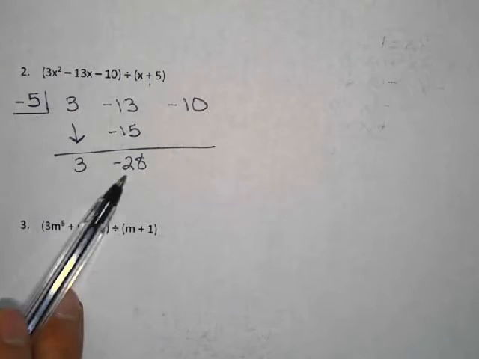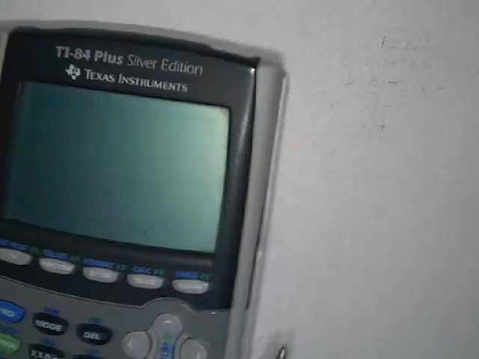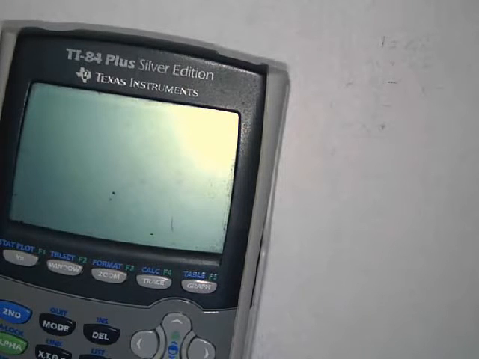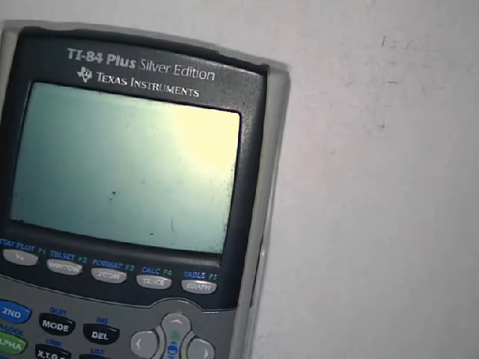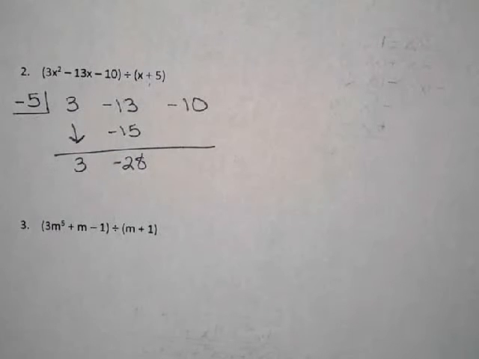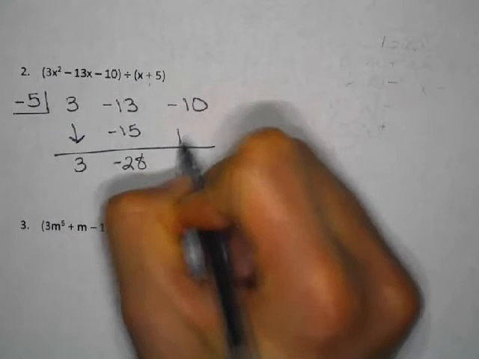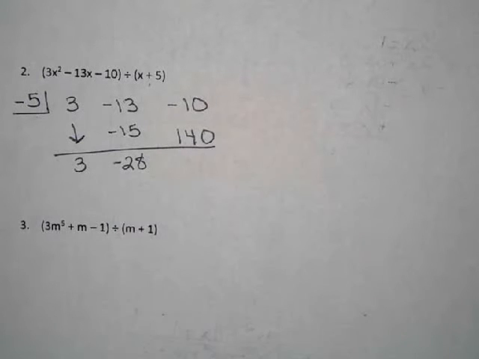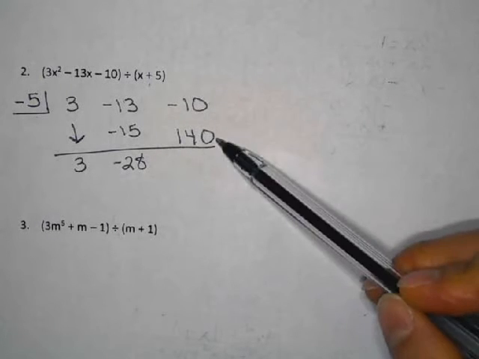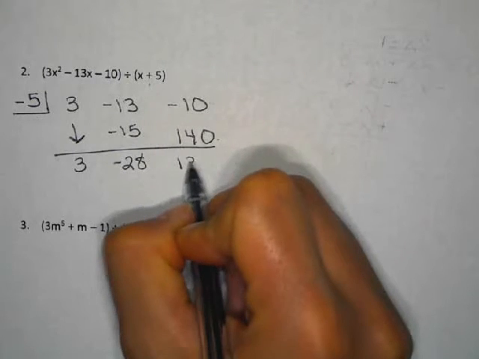And then we take negative 5 times negative 28, which is 140. Now we have negative 10 plus 140, which is 130.